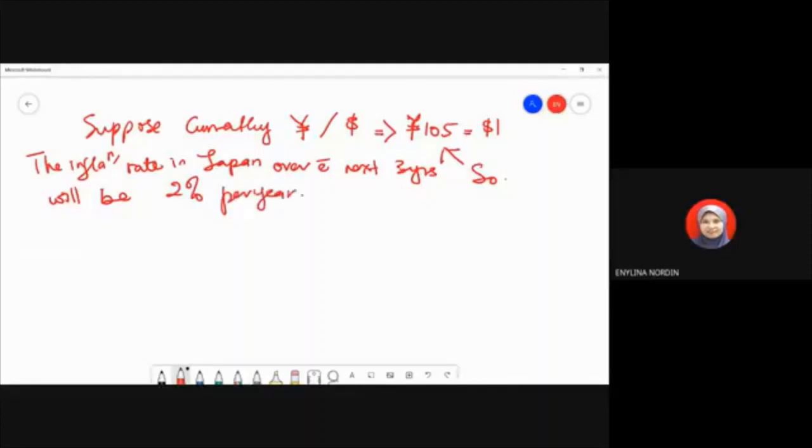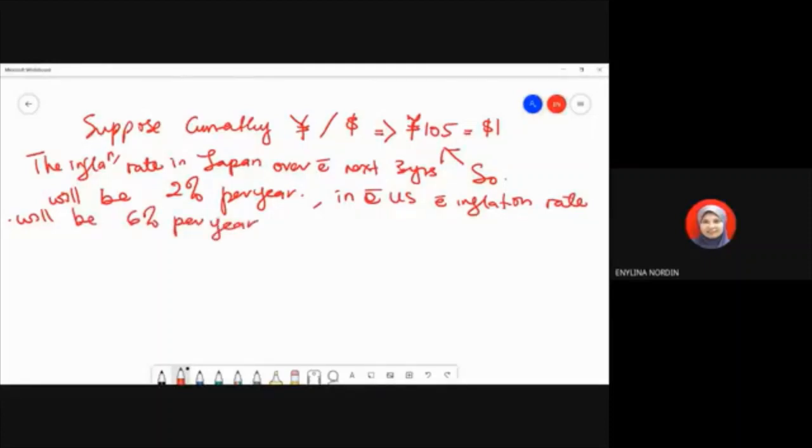Whereas in the US, the inflation rate will be 6% per year.